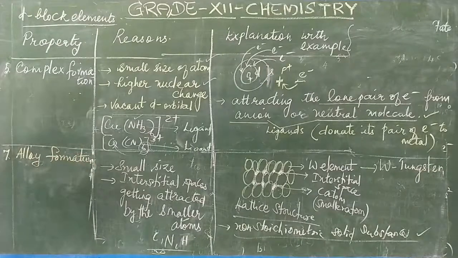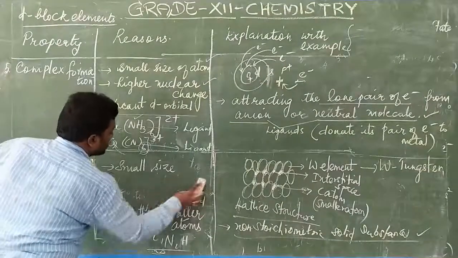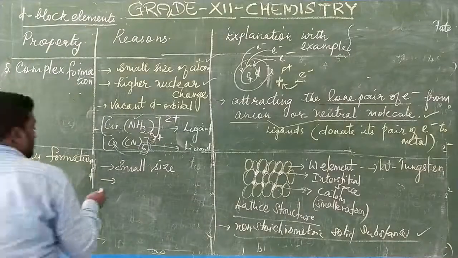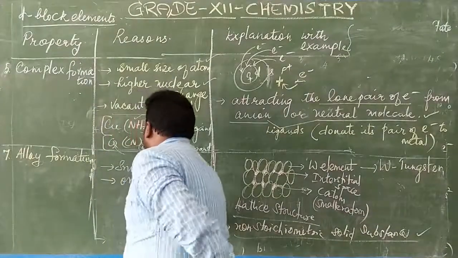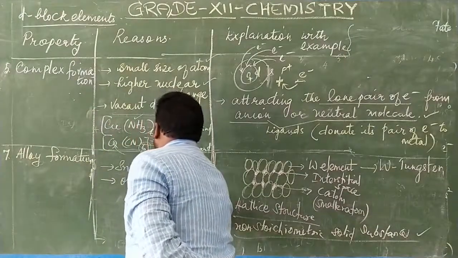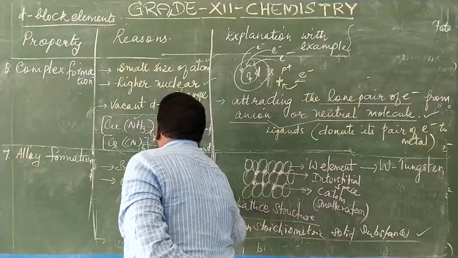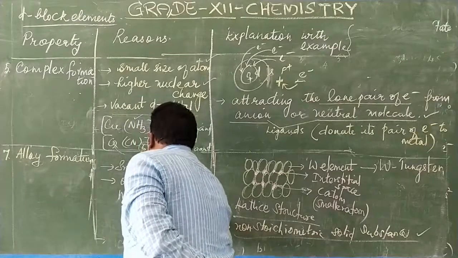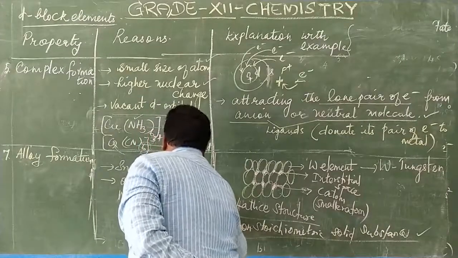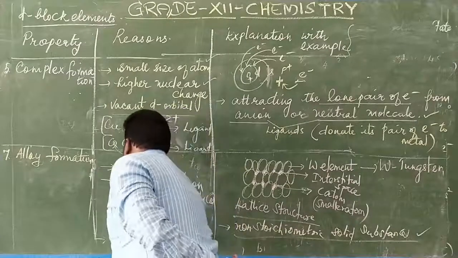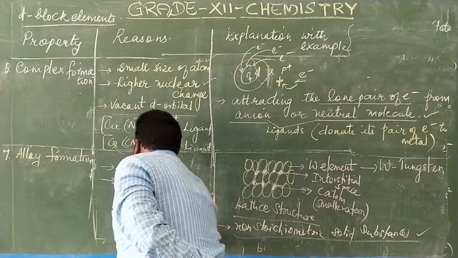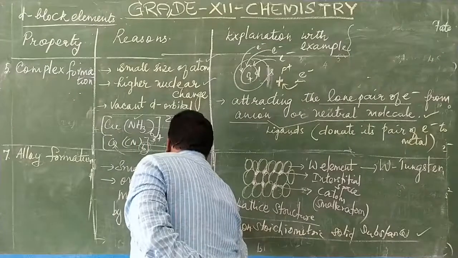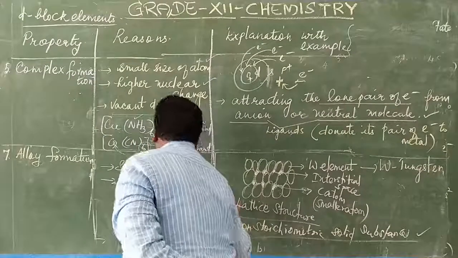This alloy formation is also due to the small size of the atom. Here, one transition metal gets replaced by another transition metal, but it has only one condition.